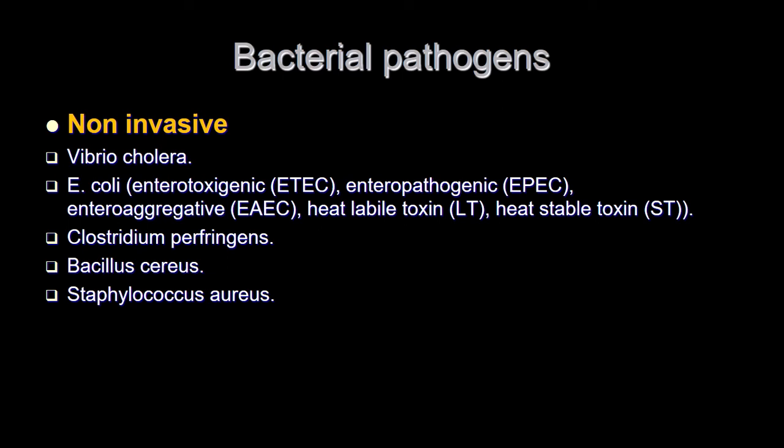So Vibrio cholerae is the most important, and you know that usually it comes in epidemic format, and people will die because of dehydration and electrolyte imbalance, but the most common problem of death is dehydration.